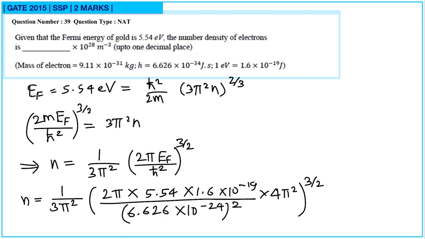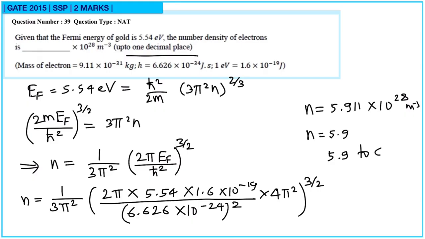After solving this you will get n, and n comes out to be 5.911 into 10 to the power 28 per meter cube. So we have to round it off to 1 decimal place. So n will be 5.9. And the answer range for this was 5.9 to 6.0. So this is 5.9.